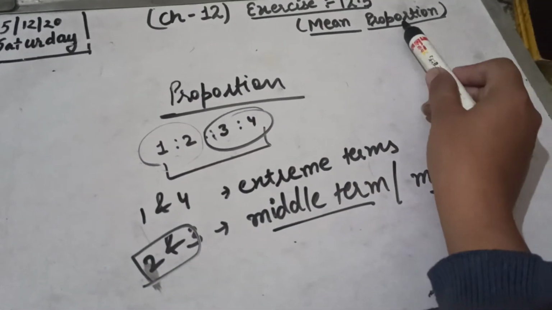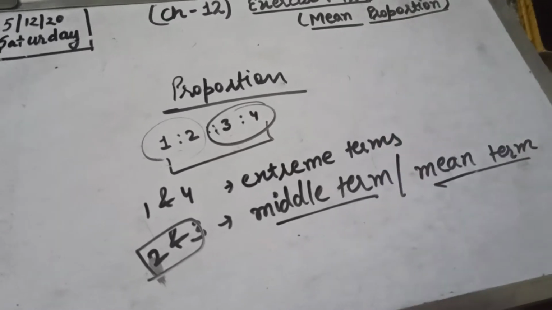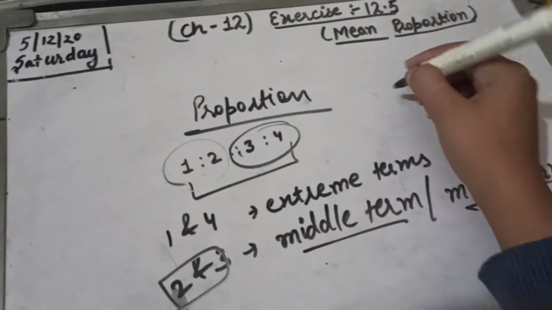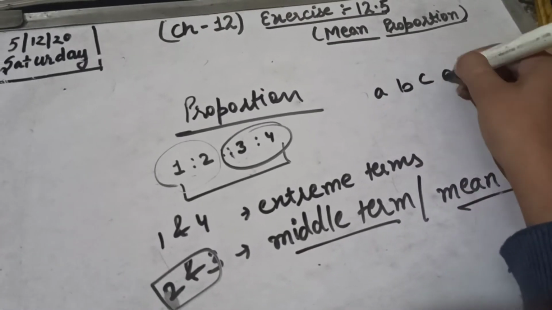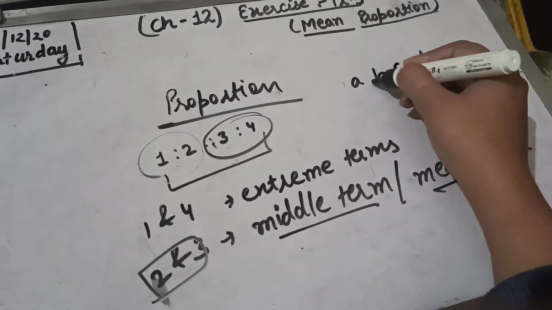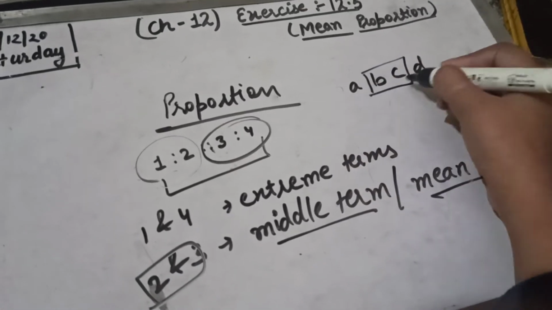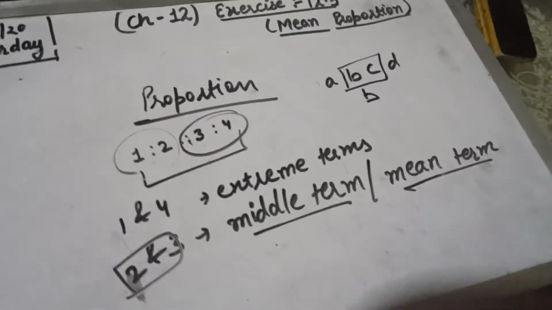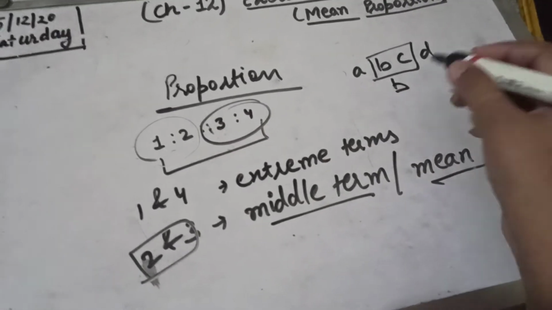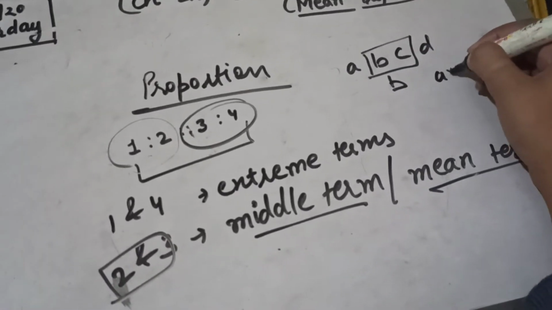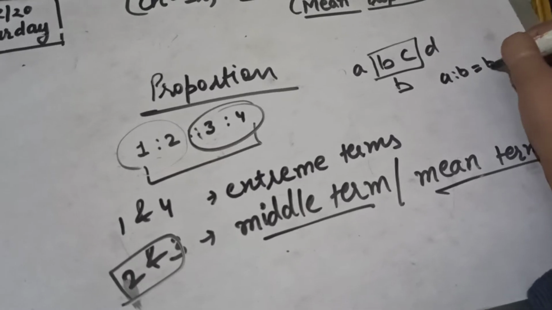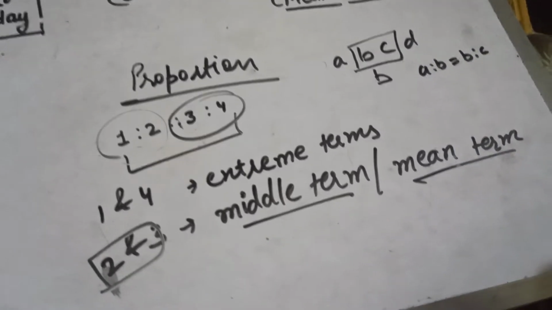It means four terms will be there, A, B, C, D. But the main one here is where the mean comes. It means these two terms will be as one. So in this condition the ratio is A ratio B equals B ratio C.